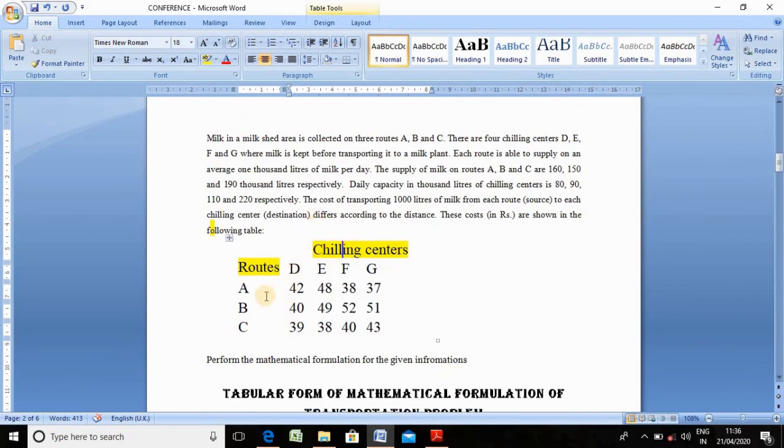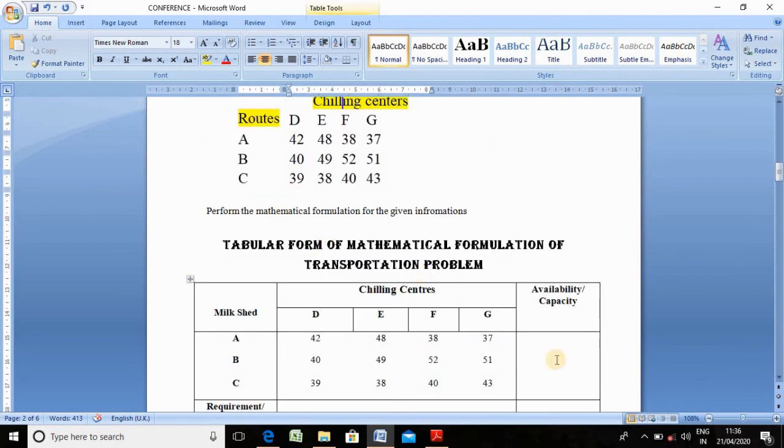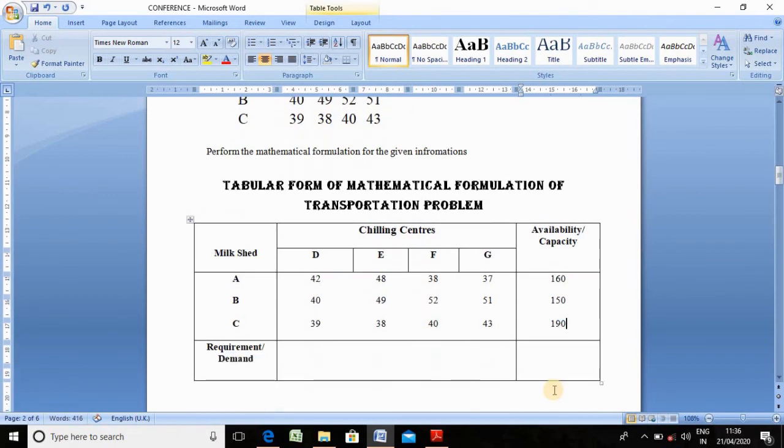The capacity of route A is 160, route B is 150, and route C is 190. The total capacity is 500.